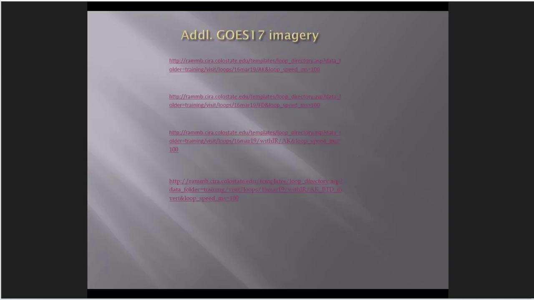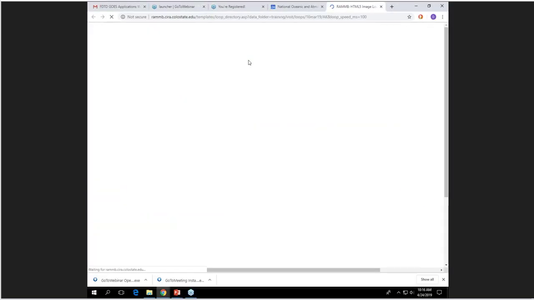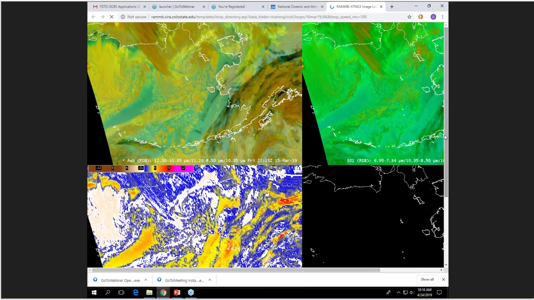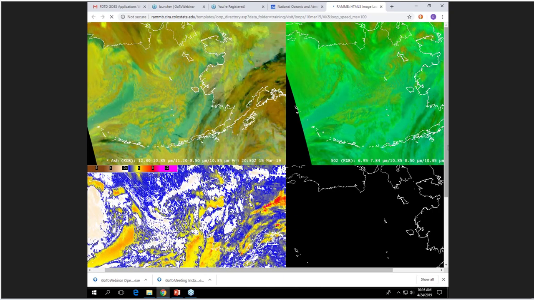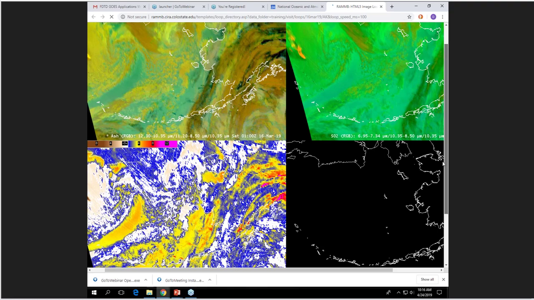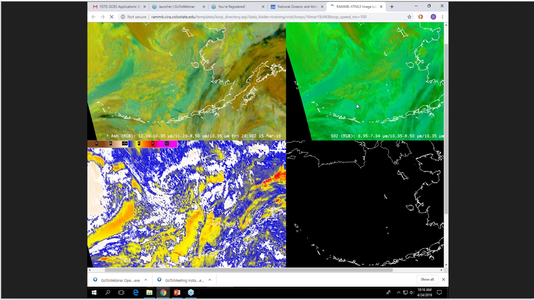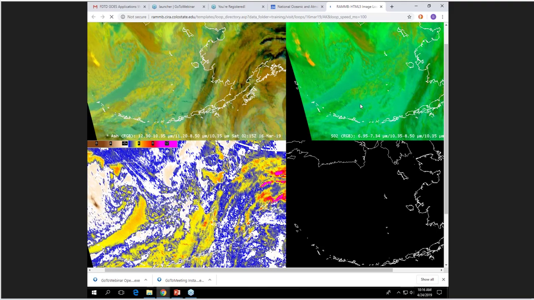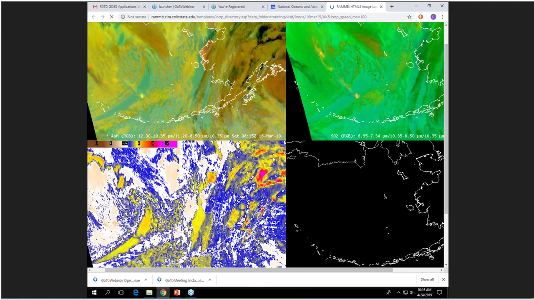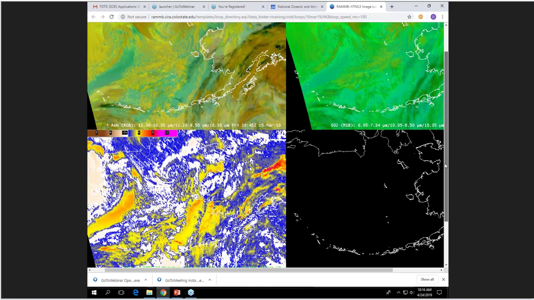So let's look at some additional GOES15 imagery. So this is, again, Dan provided me with these loops, and this is similar imagery to what you saw before, with the ASH RGB in the upper left, SO2 RGB in the upper right, and the split window difference on the lower left.